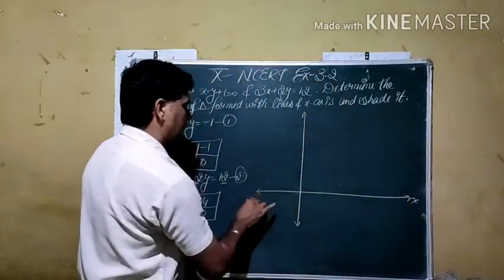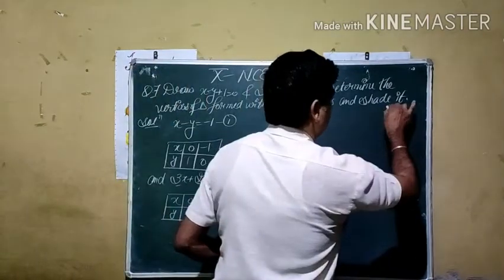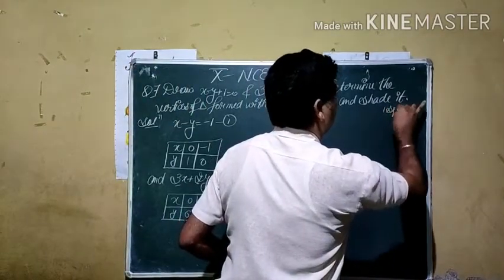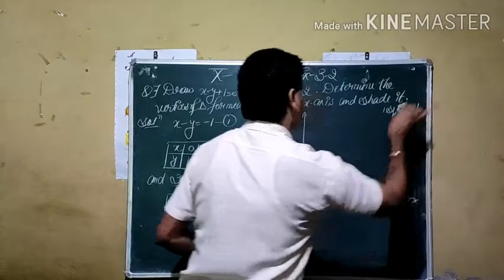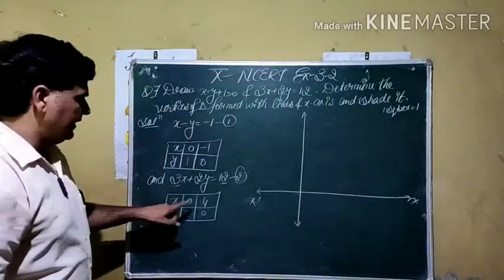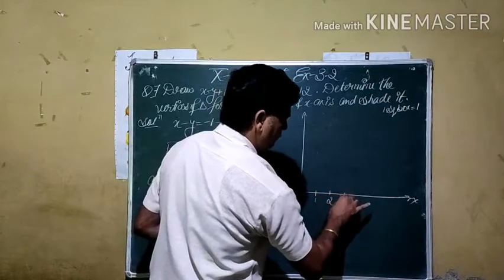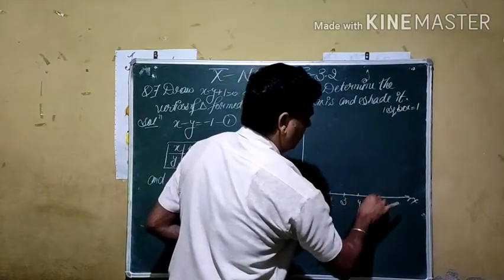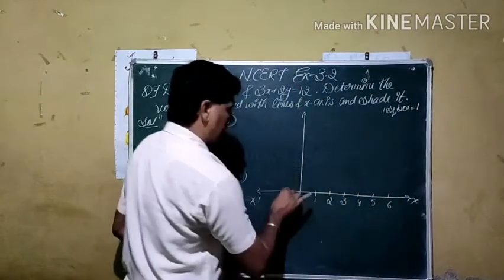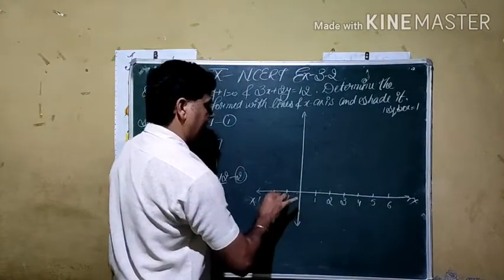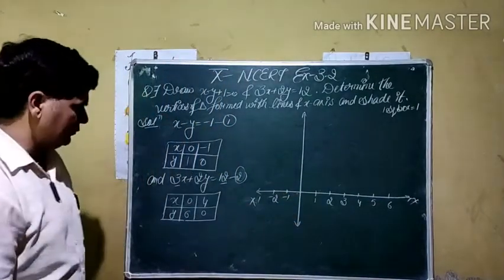So we take the scale, 1 square box is equal to 1 unit. On the x-axis we require a maximum of 4, so we choose 1, 2, 3, 4, 5, 6. On the left hand side we also require negative values, so we go up to -2.